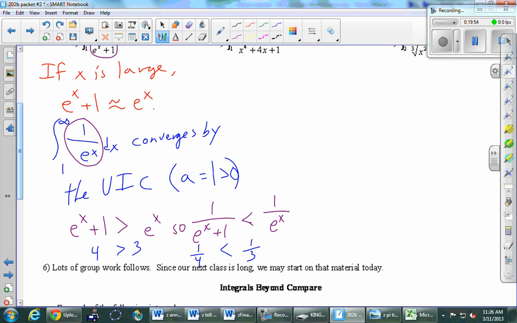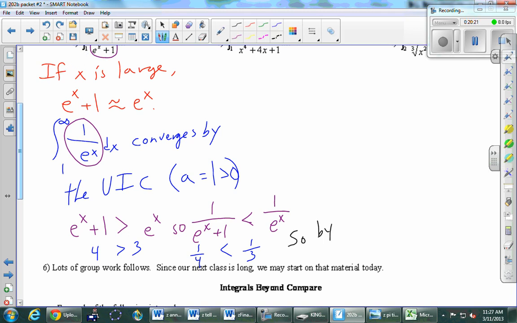Okay, and I think we win. That's what we were hoping for. We have a couple of things working together now. We know that the integrand we're interested in is smaller than this integrand, and this one right here converges. So you have something that's smaller than this other finite thing, so it is a finite thing itself. So we'll just write down our concluding sentence.